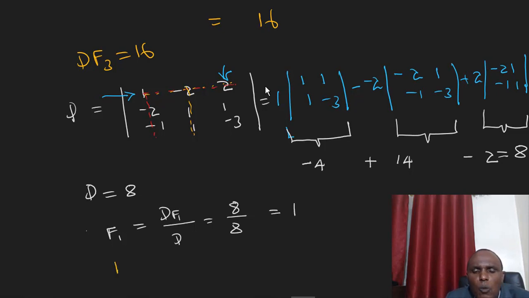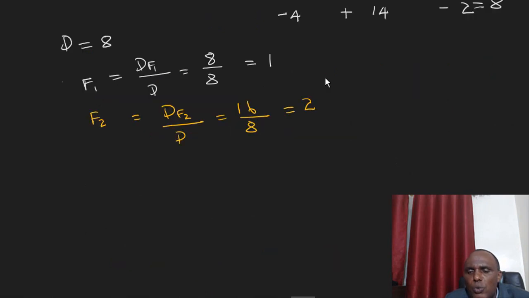Let us now work for F2. F2 is equal to dF2 divided by D. From what we have worked out above, dF2 is equal to 16 divided by D, which is 8. So we get 2.